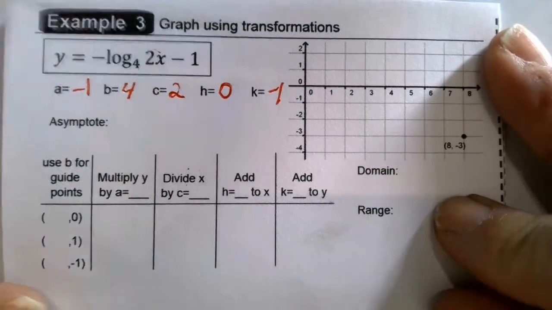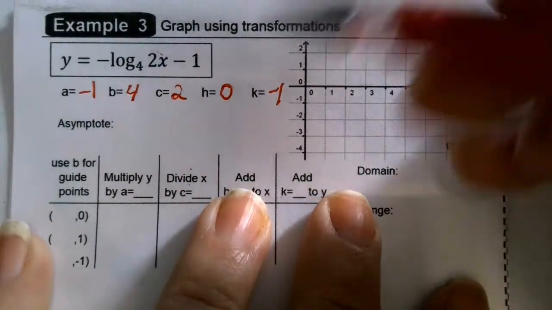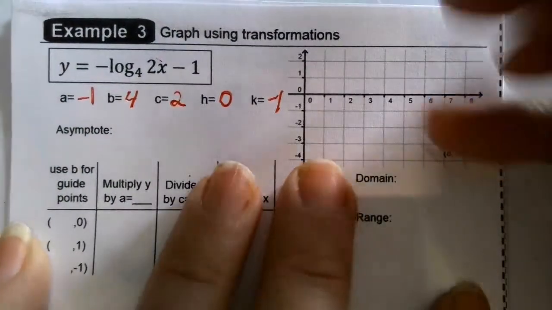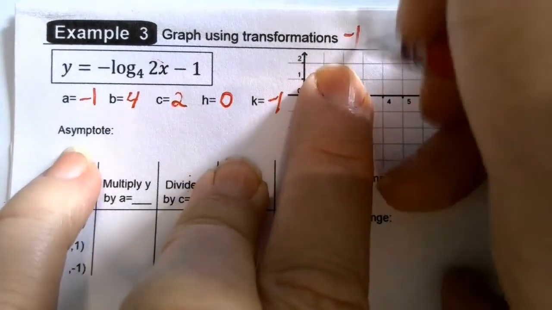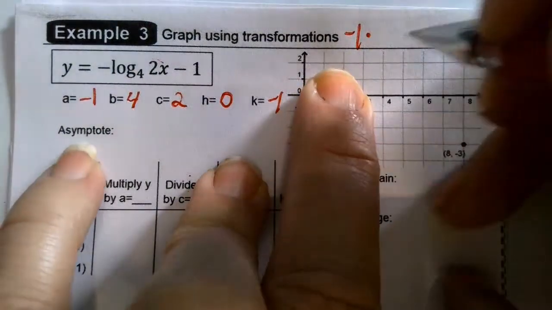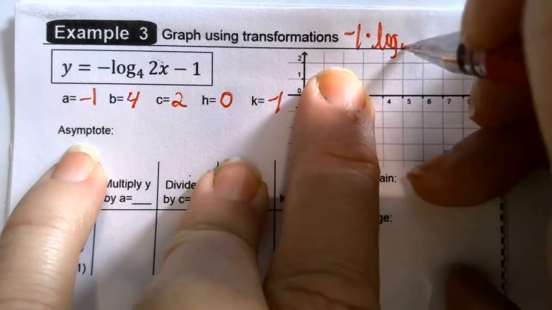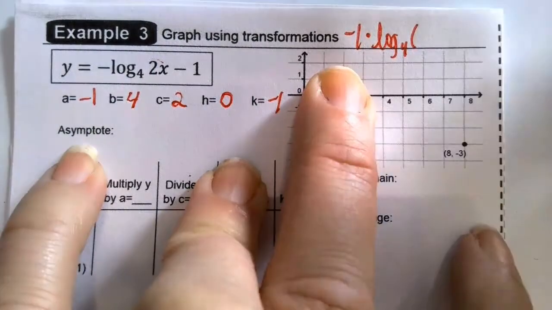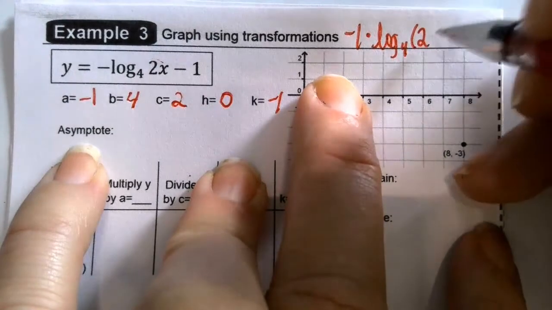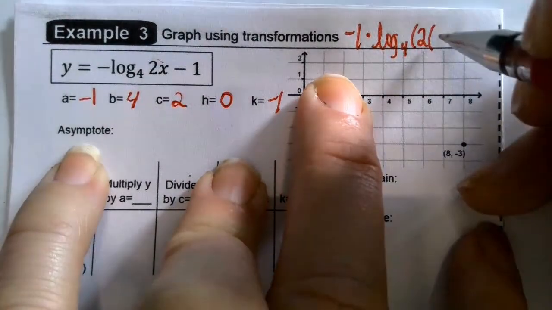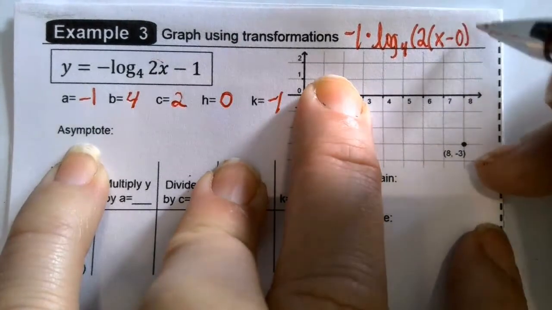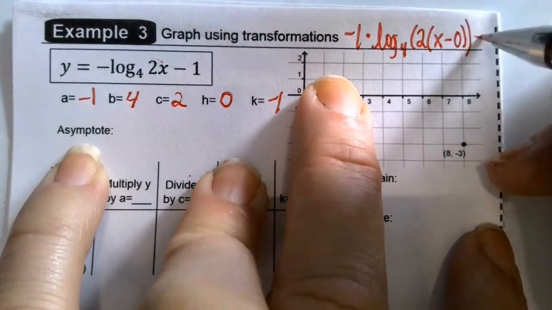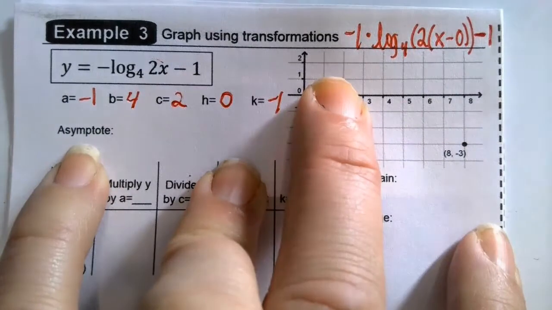So it might be easier to see that if we write this function out in expanded form, looking at each of our transformations. So -1 times the log base 4, and then our c is 2 times the quantity x minus h, which is 0, and then plus the k, which is a -1.